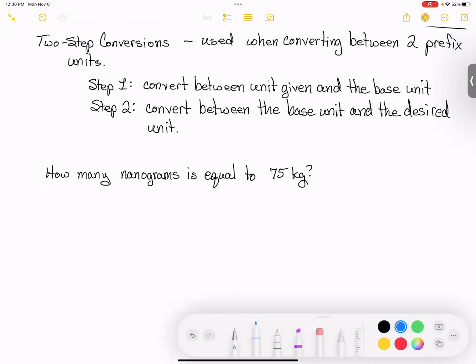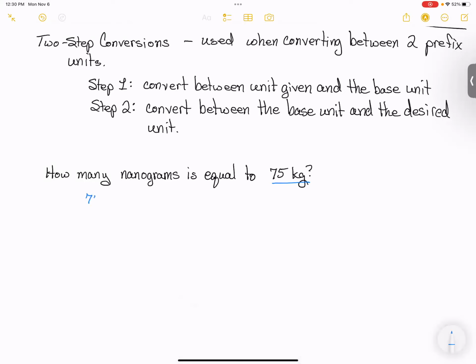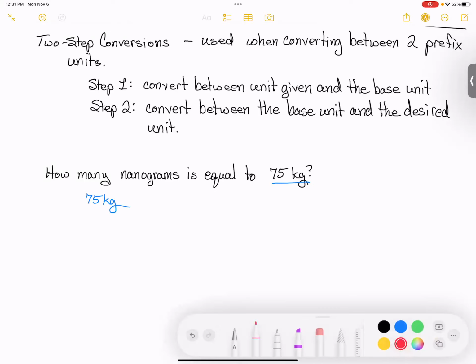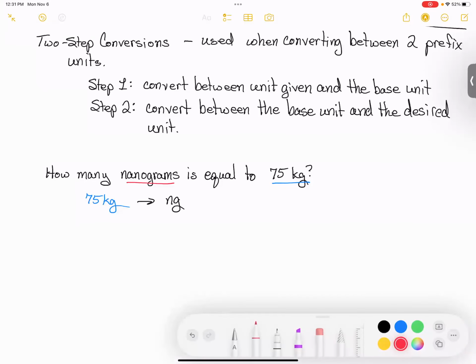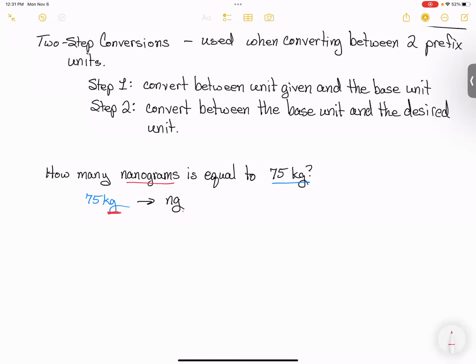Start with what we were given, which is the 75 kilograms. Identify what you want to solve for, which is the nanograms. Now, these have grams in common, but they are two prefix units with those grams in common. Since there's two prefix units, you're going to have a two-step conversion.